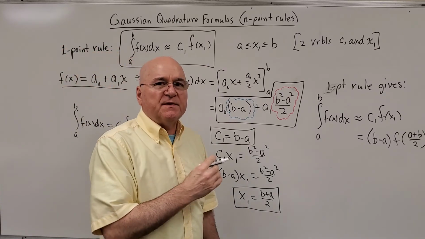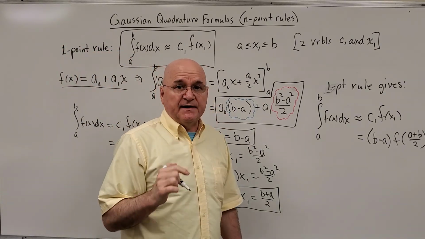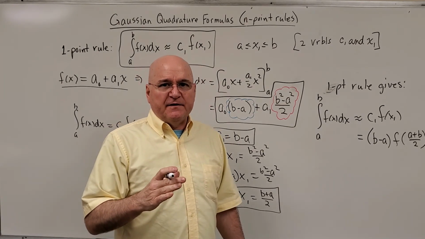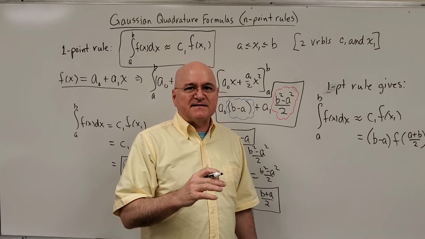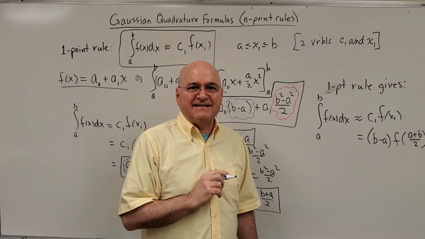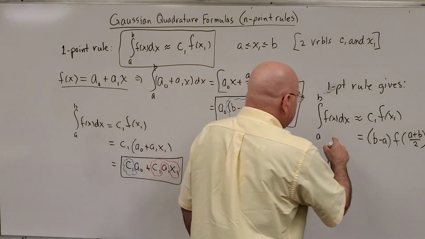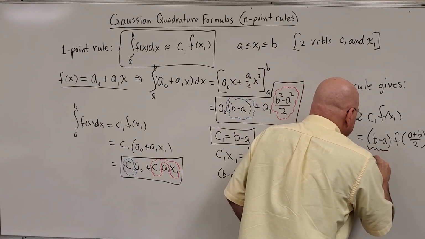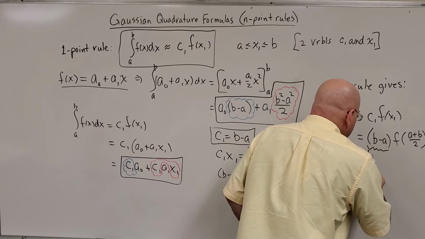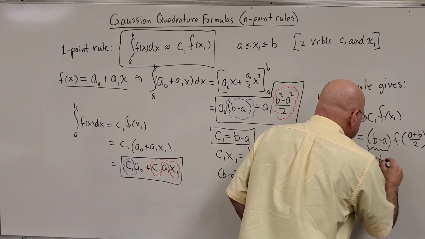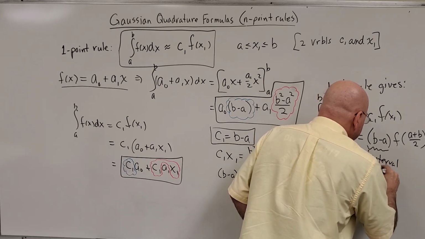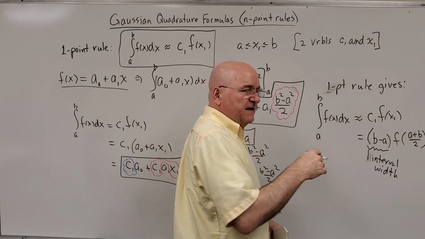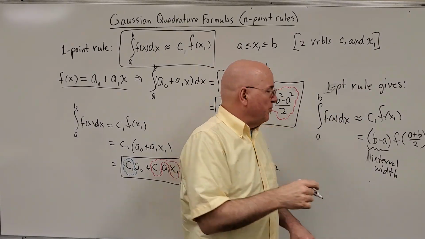If you don't know what the function integral is, and you're wanting to get a very, very simple, rough estimate, just choosing one point, you take the integral as being the interval width, b minus a, and then you take the height associated with what?